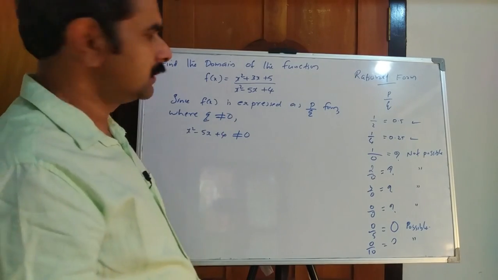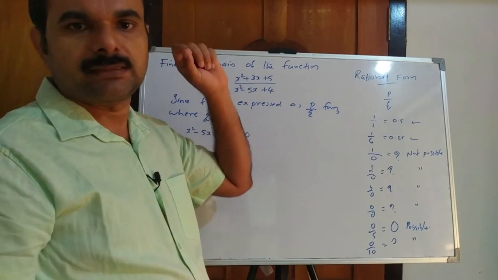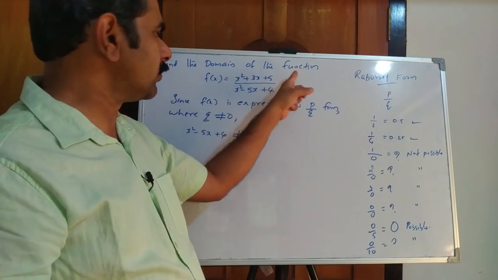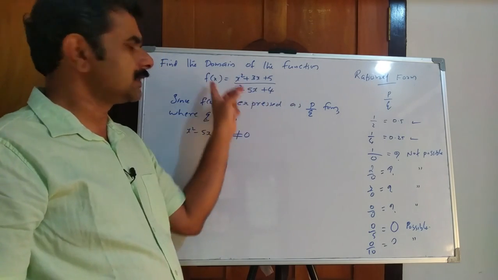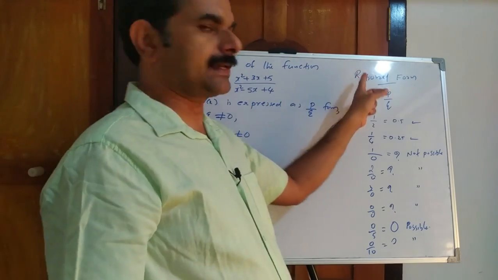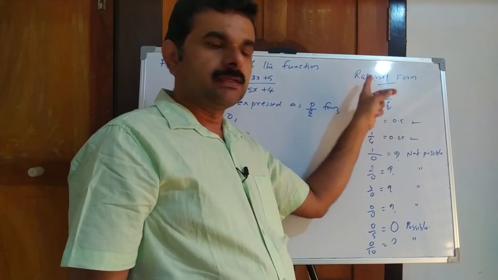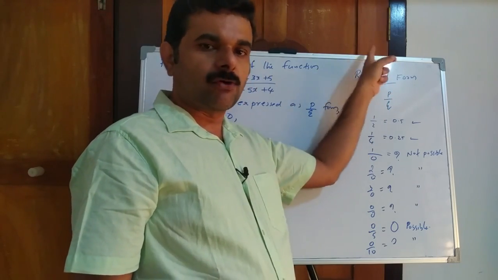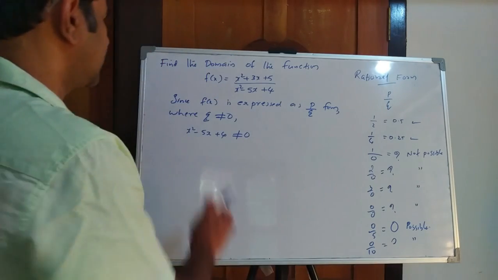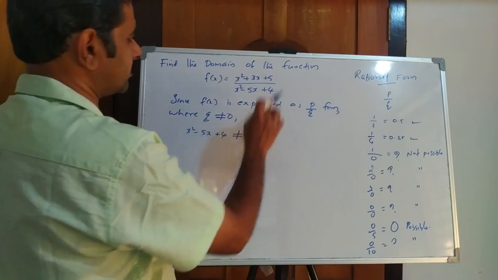That is very important. Whatever may be the numerator, x square plus 3x plus 5, whatever its value, you have to focus only on the denominator. Why? Since the function is in p by q form or rational form, q must not be 0. Then x square minus 5x plus 4 is not equal to 0.